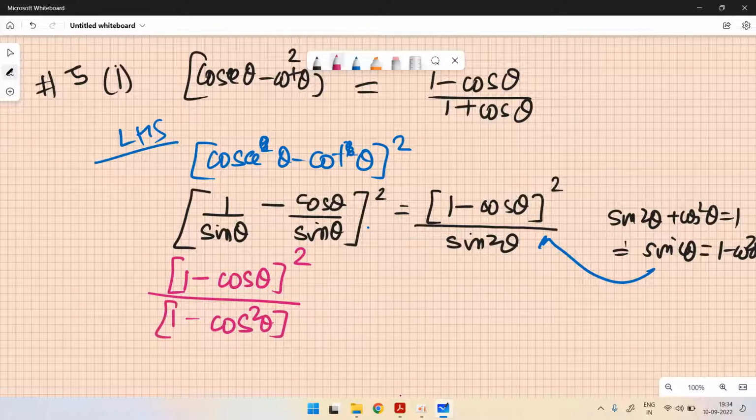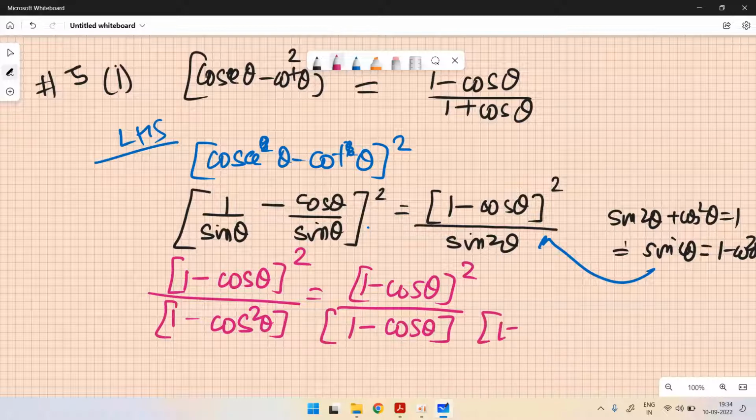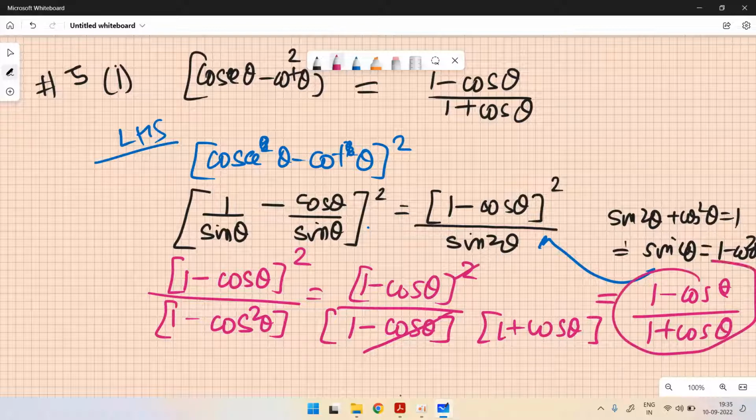Now 1 minus cos square theta is a square minus b square, which is a minus b times a plus b, so it is 1 minus cos theta times 1 plus cos theta. One factor of 1 minus cos theta gets cancelled. So this expression becomes 1 minus cos theta by 1 plus cos theta, which is your RHS. Hence proved.